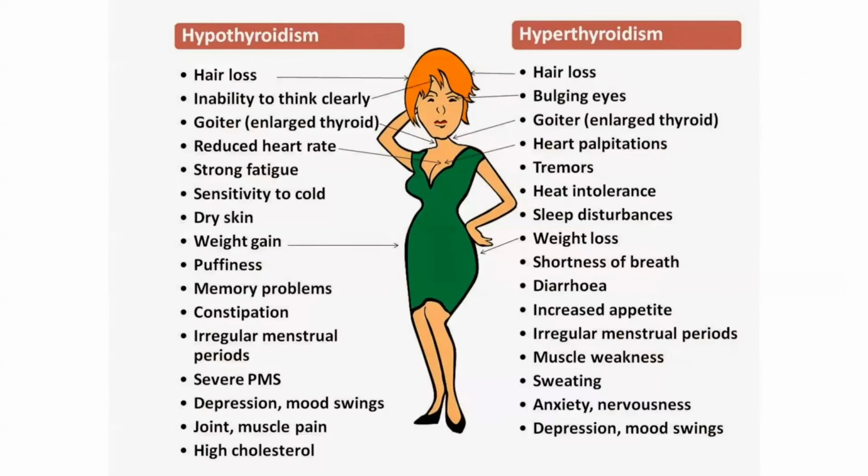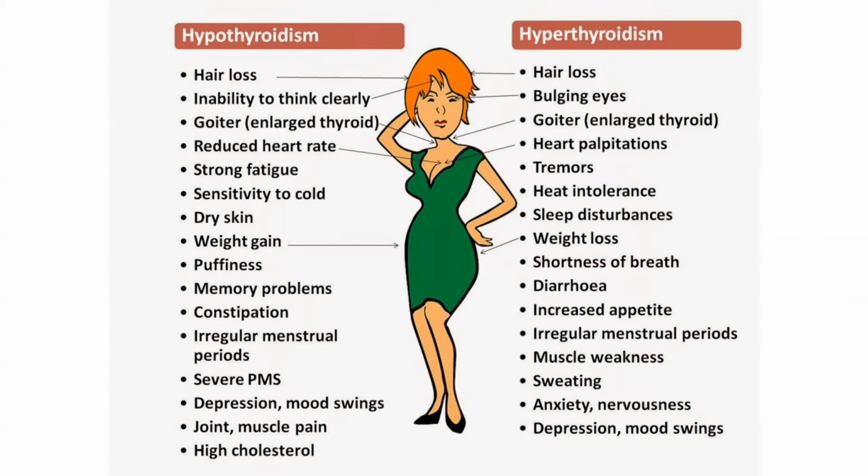What are the symptoms in case of hypo and hyperthyroidism? In hypothyroidism, there is reduced heart rate, enlarged goiter, fatigue, sensitivity to cold, dry skin, weight gain, puffiness, constipation, irregular menstrual problems, depression, mood swings, joint and muscle pains, high cholesterol and inability to think clearly.